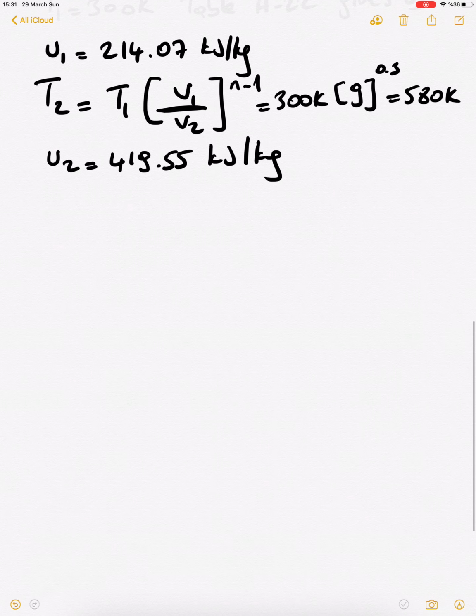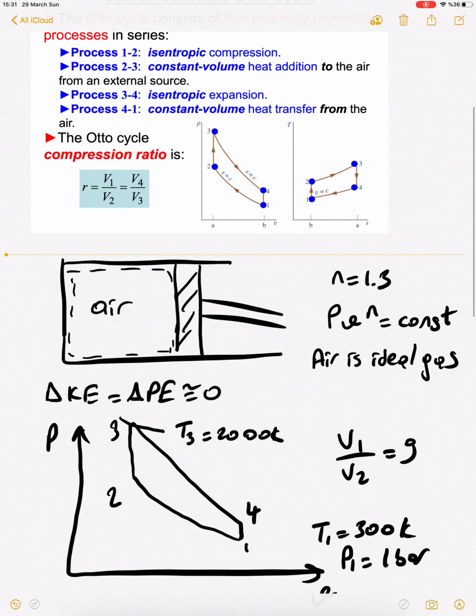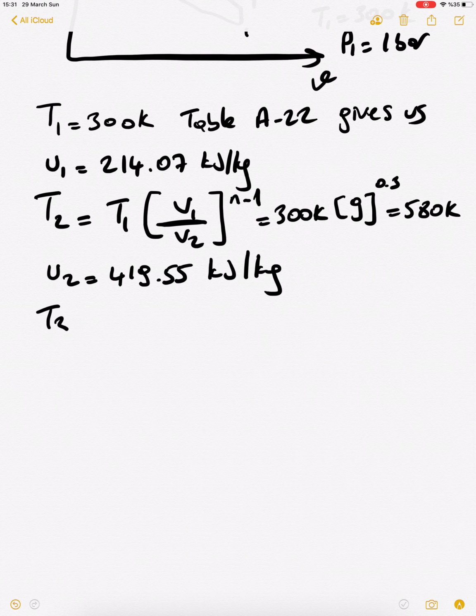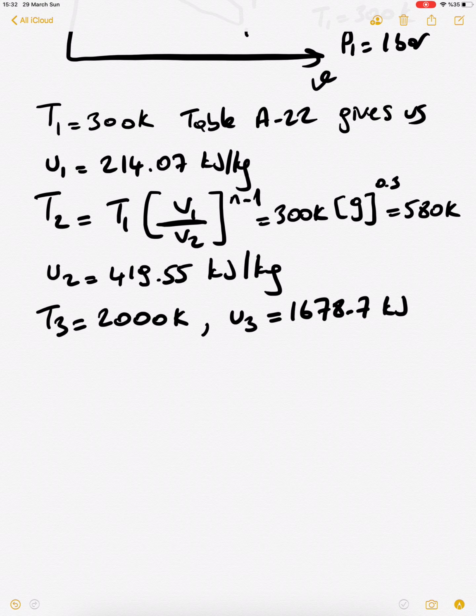And we know T3 is 2000 Kelvin. We have information about T3, which is 2000 Kelvin, and from the table U3 is equal to 1678.7 kilojoule per kilogram.